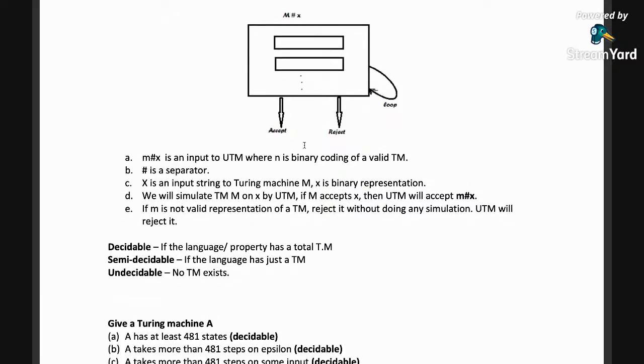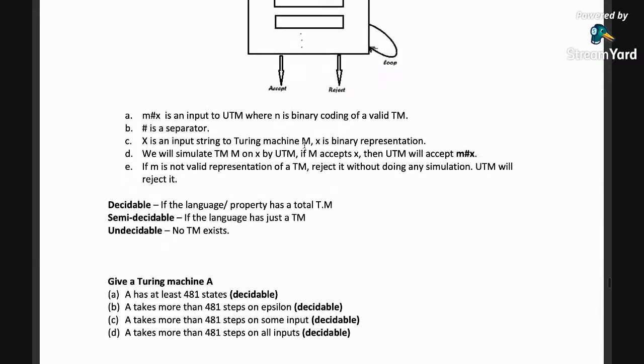Hash is a separator. X is an input string to Turing machine M, in binary representation. We will simulate Turing machine M on X by the universal Turing machine.